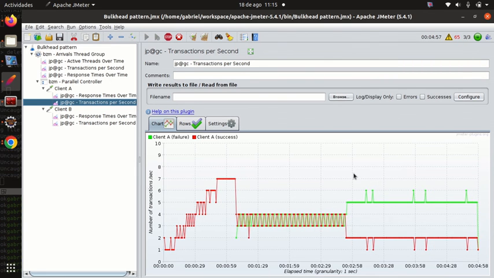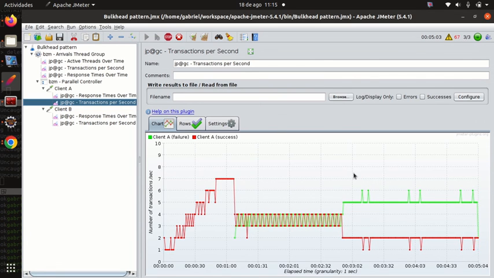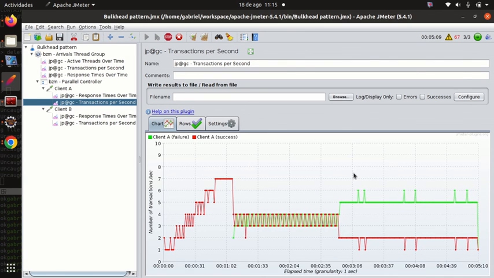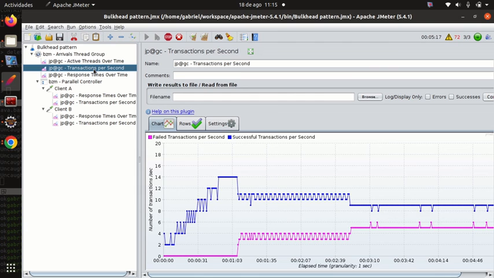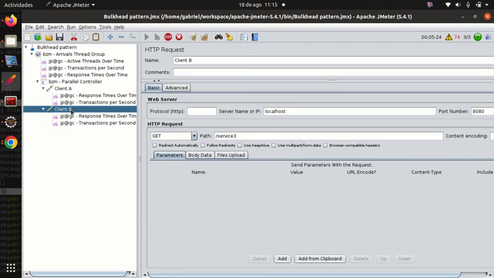So we can see that we had a problem in service 2 that affected client A, but our application is still running. Let's see the transactions per second. We are still processing 14 transactions per second, and client B is working well.